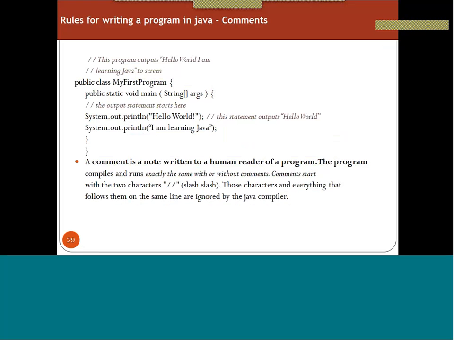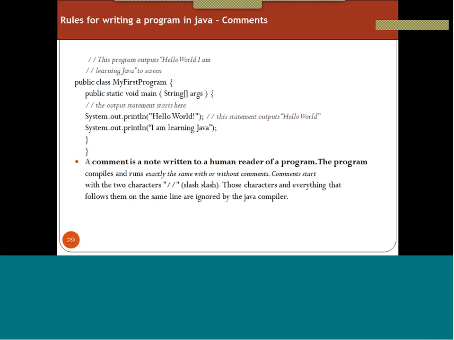Now I will go to comments. What are comments? A comment is a note written for the human reader of a program. The program compiles and runs exactly the same with or without comments. There is no difference to the compiler.